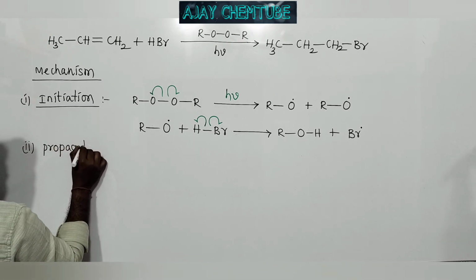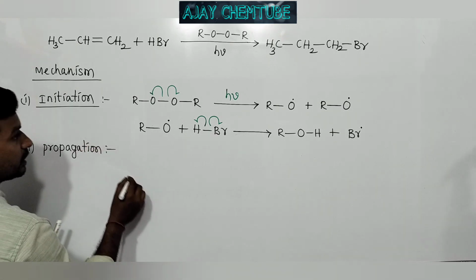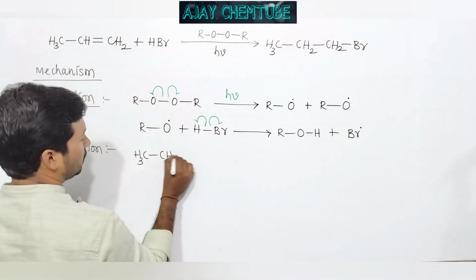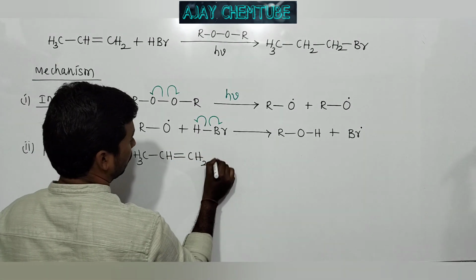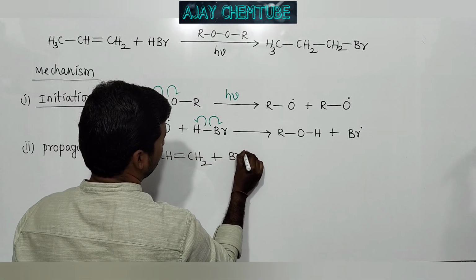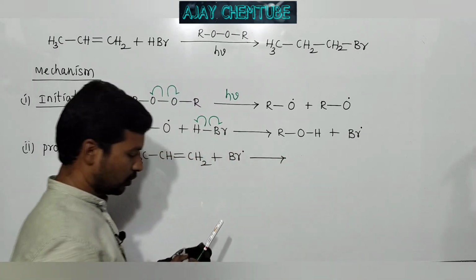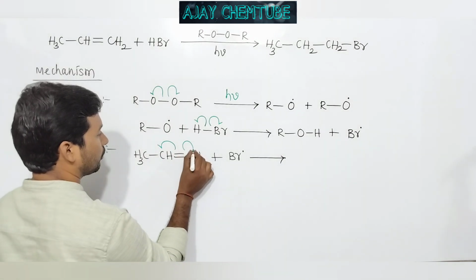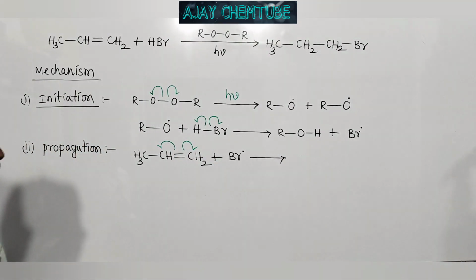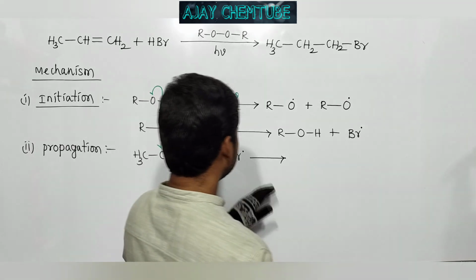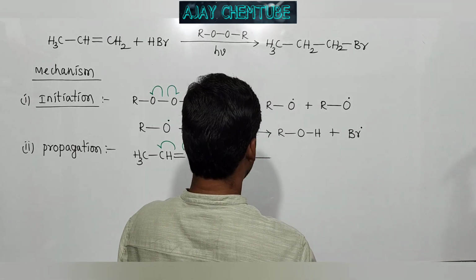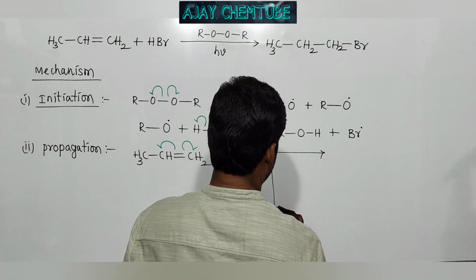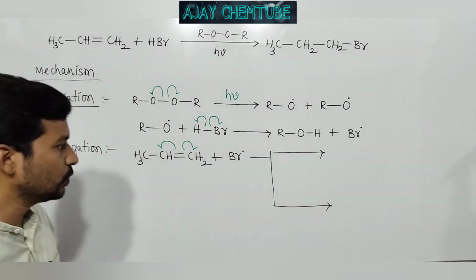Propagation. So propene, CH3 CH double bond CH2, with bromine free radical. In presence of that bromine, homolytic bond cleavage takes place. Here addition follows. Addition is possible in 2 ways.